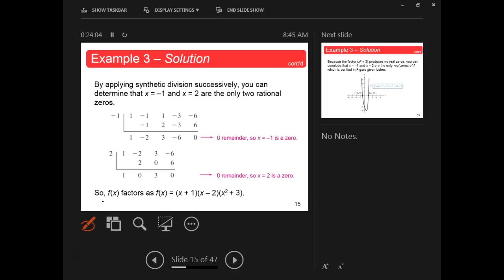But the factors are, because x equals minus 1 is a zero, add 1 to both sides, you get x plus 1 is a factor. Because x equals 2 is a 0, subtract 2 from both sides, you get x minus 2 is a factor. And then what you have left over here, x squared plus 3, you can't factor that. That's your last factor.